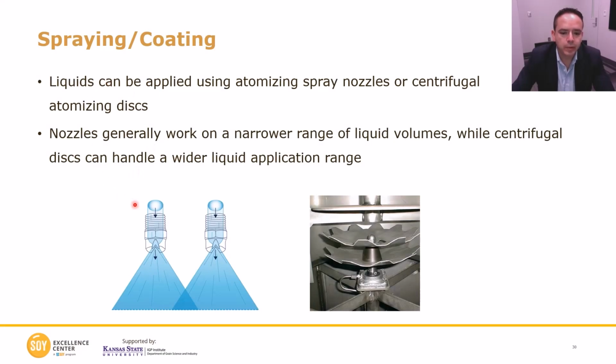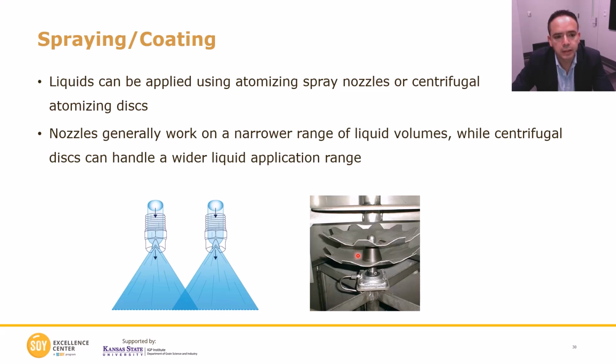Then the next component, once you weigh the dry material and the liquid, is the spraying. Liquids can be applied using spray nozzles. I'm sure that you are familiar with the spray nozzle, just like this. Or they can be applied using this spinning disc.